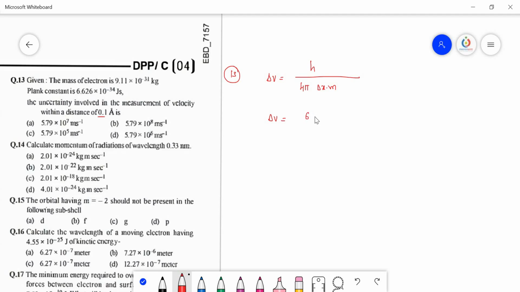So delta v equals 6.626 into 10 power minus 34 divided by 4 into 3.14 into the uncertainty in position, given as 0.1 angstroms. 0.1 into 1 angstrom equals 10 power minus 10 meters, and mass 9.11 into 10 power minus 31. By solving everything, we get 5.79 into 10 power 6 meters per second. So option D is correct.